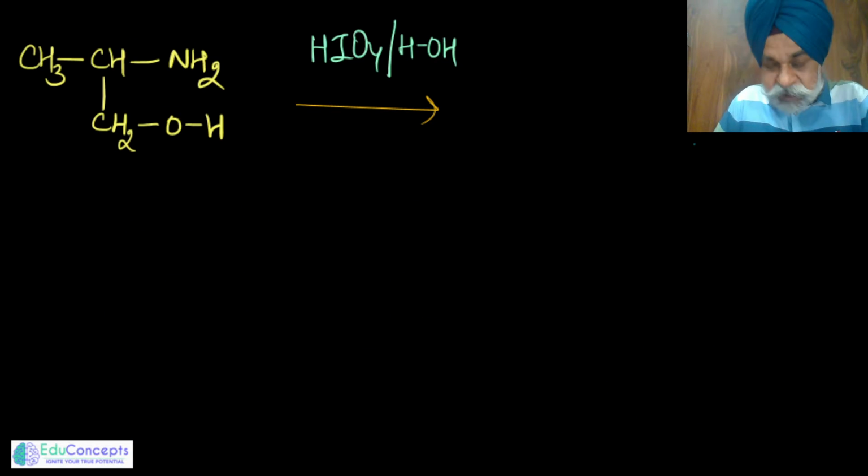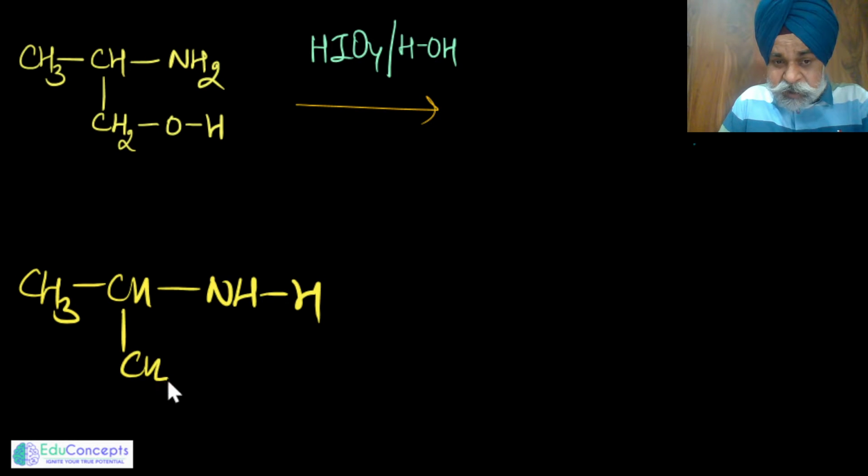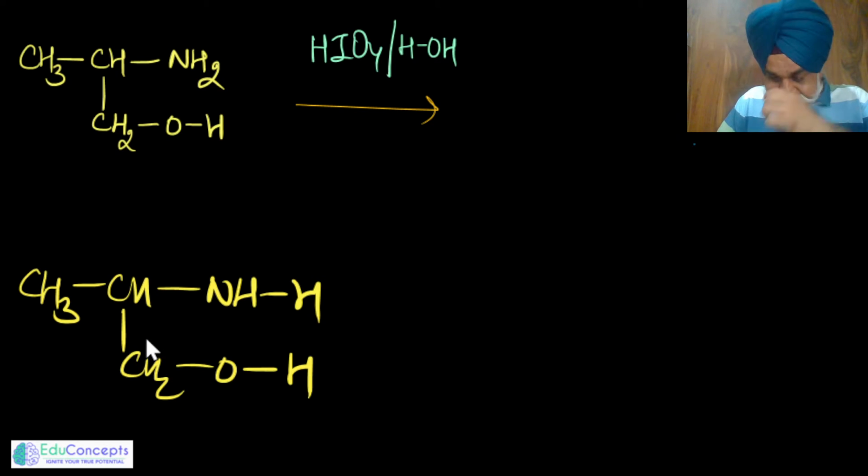Now another one, this is again very, very important. So in this case you have to see that the adjacent carbon is having an NH2 group and an OH group. This also does undergo oxidation. Now how does it happen, how is the product formed, just be attentive.